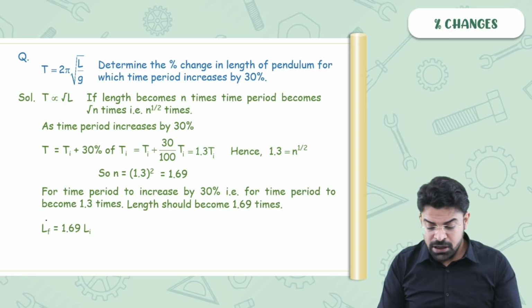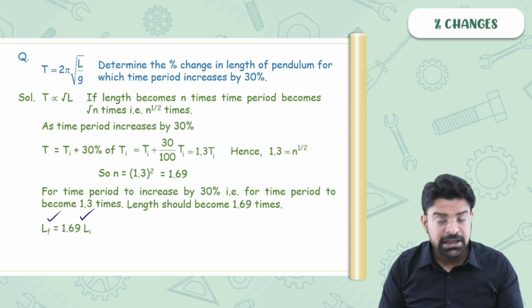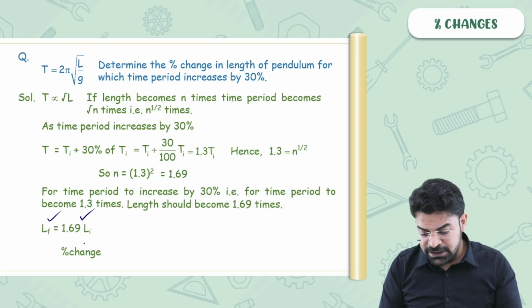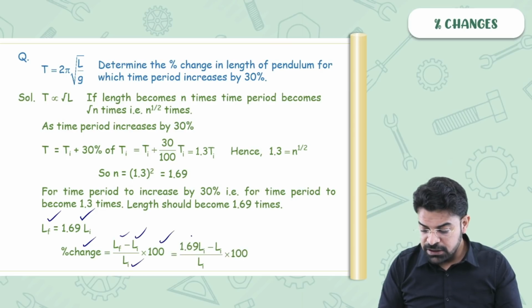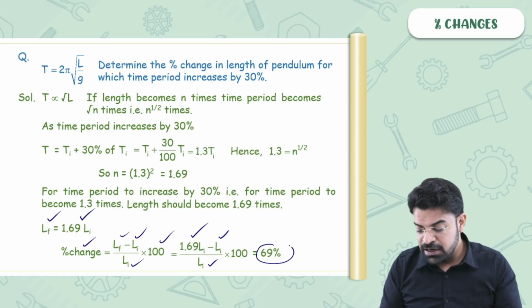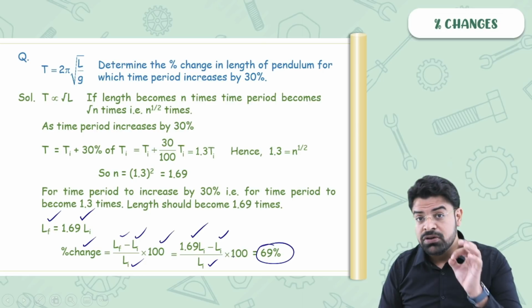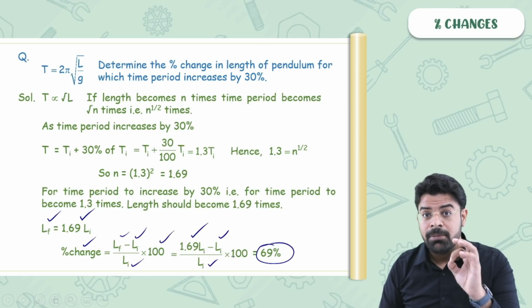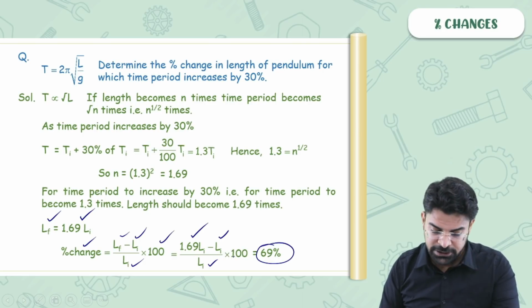The percentage change in length equals final minus initial, upon initial, into 100. That is 1.69 times initial length minus initial length, upon initial length, into 100. That becomes 69%. So the length should increase by 69%.